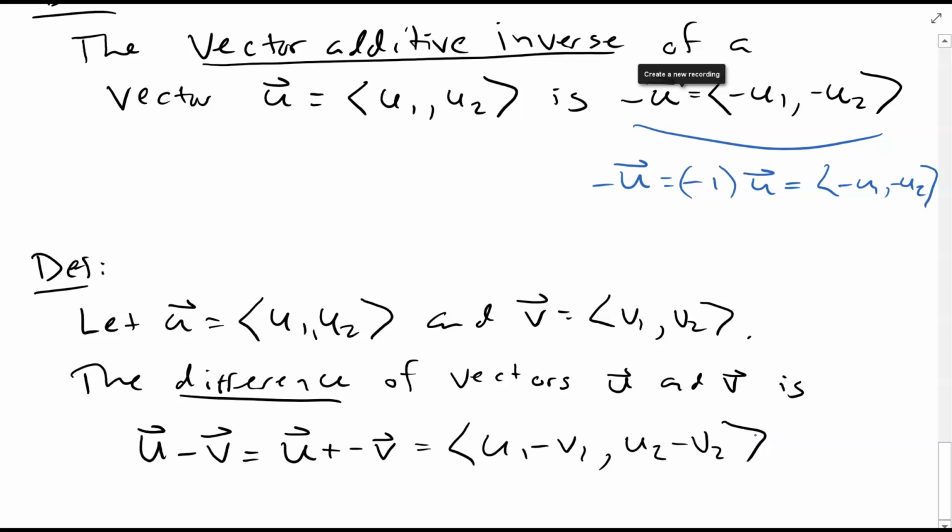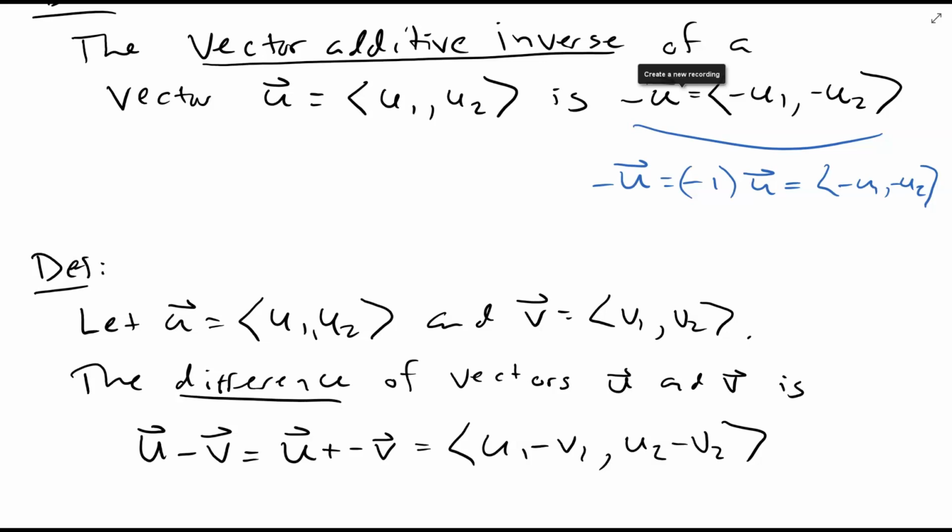So it's working exactly as we would hope. It works just like the addition did, right? Where we've just subtracted component-wise. But we had to be a little bit careful about this because we needed this scalar multiplication before we could do this, and then we needed the vector inverses to be able to do this.